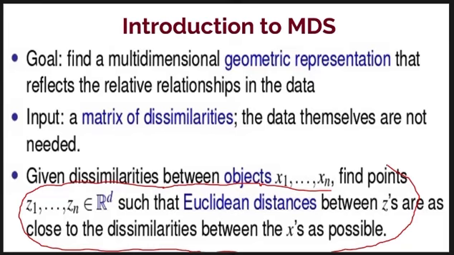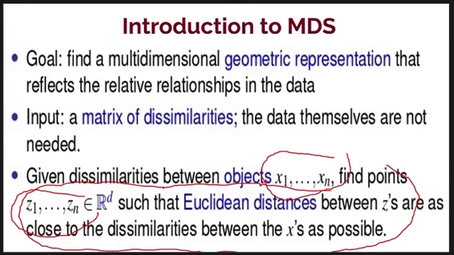What MDS is going to do is generate what I call a coordinate, because if I want to place something on a map, I need a coordinate. That coordinate is what I call Z1 up to Zn, just like I have objects X1 up to Xn. The objects may be countries. For each object, I want to generate a coordinate, and that coordinate may be in two dimensions, because we normally want 2D or 3D.